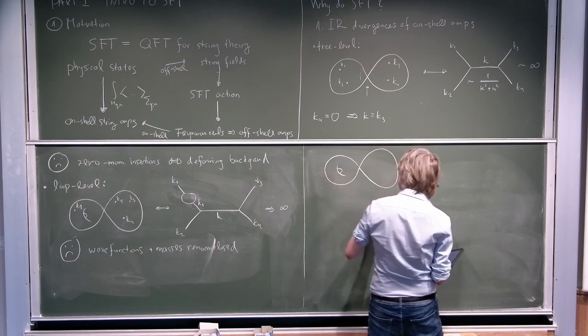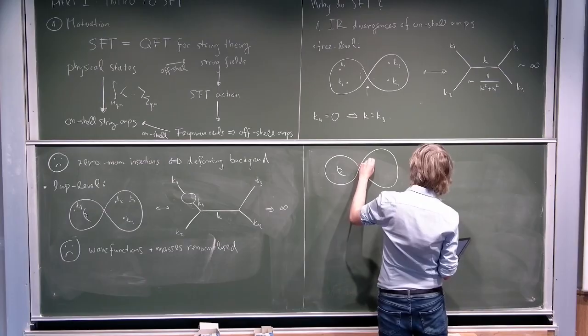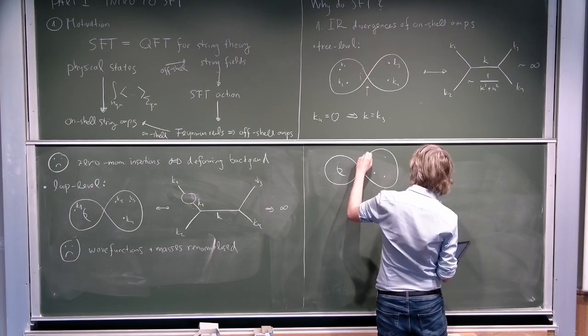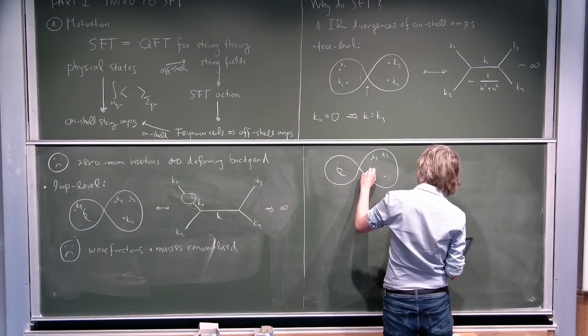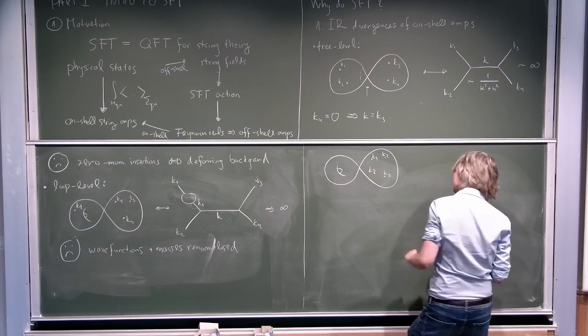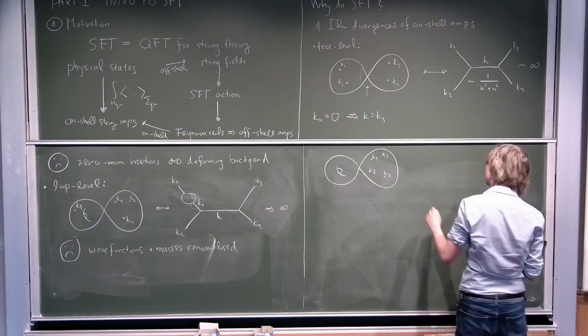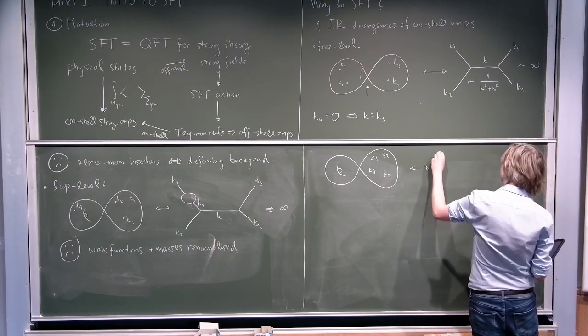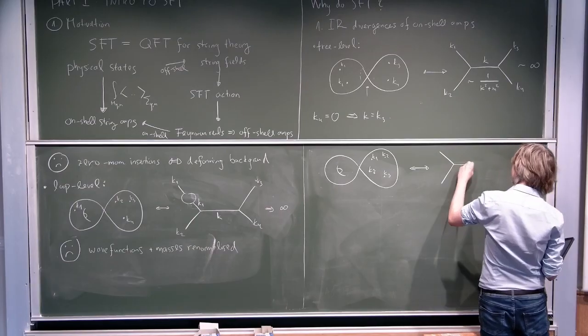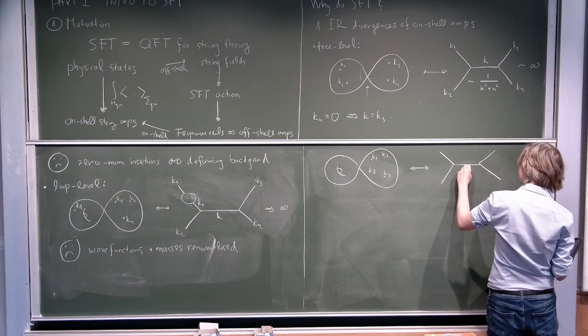Again, I will have one handle, but this time all the on-shell insertions will be in this other part of the Riemann surface, so that you can interpret it as a diagram with this tadpole in the middle, right?